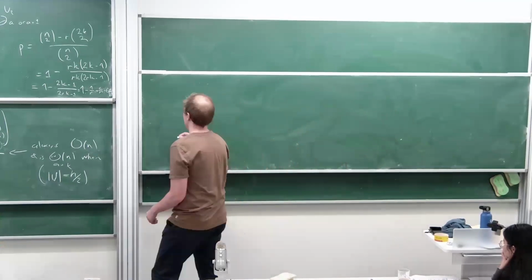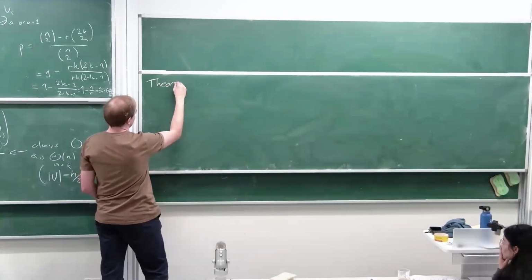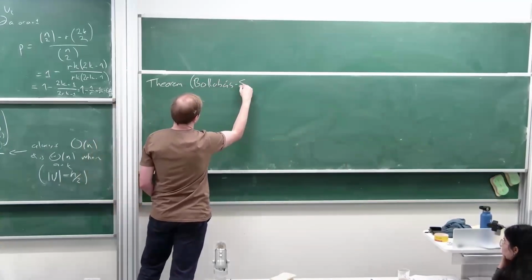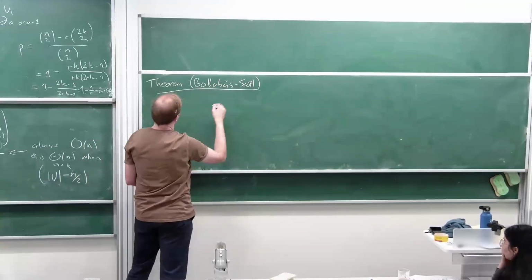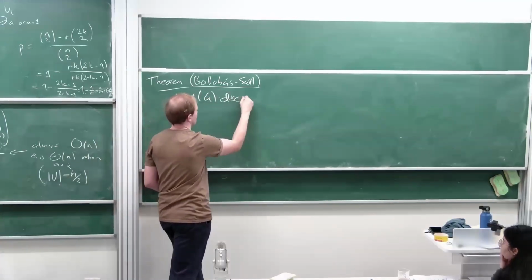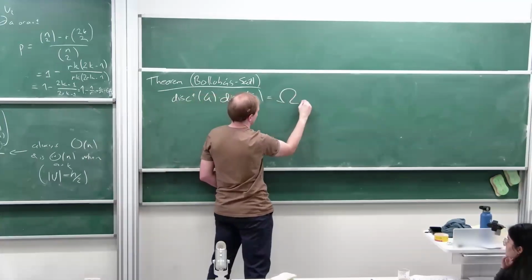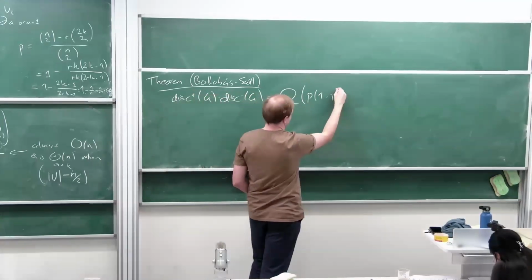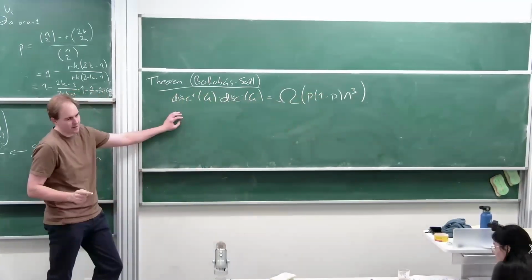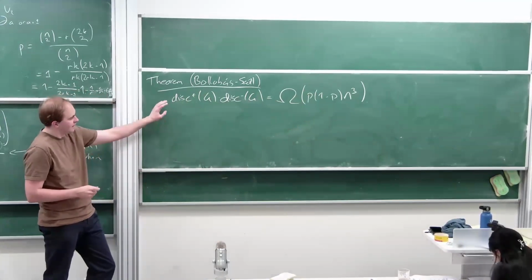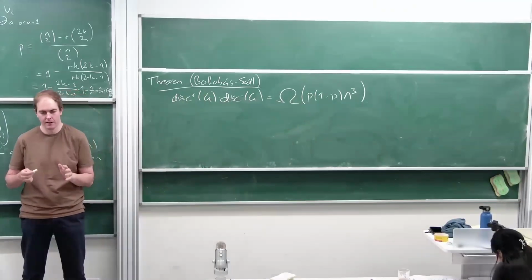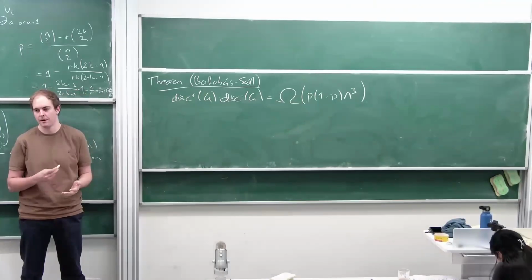Okay, so today's goal is to prove the following theorem. While this is interesting in its own right, one of the reasons why I want to give the proof is that the proof techniques also apply in a bunch of other instances.